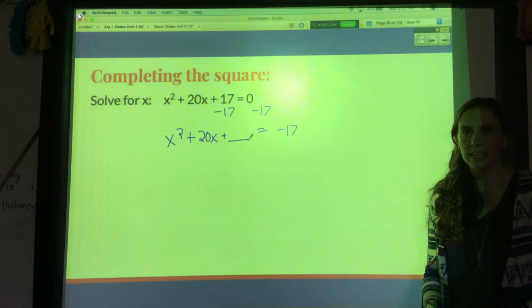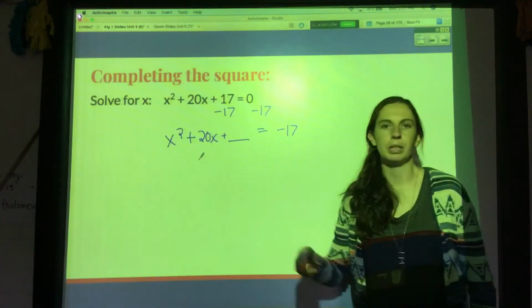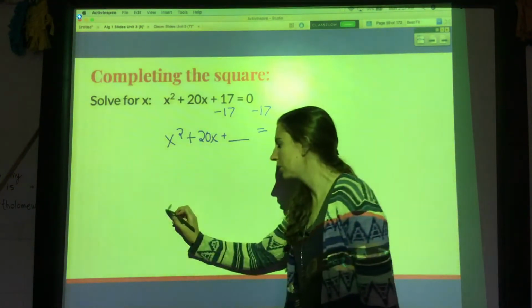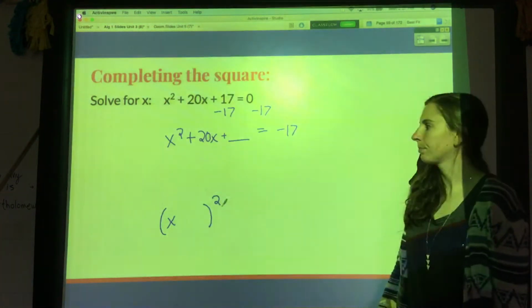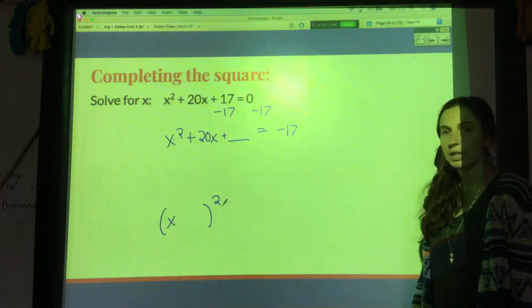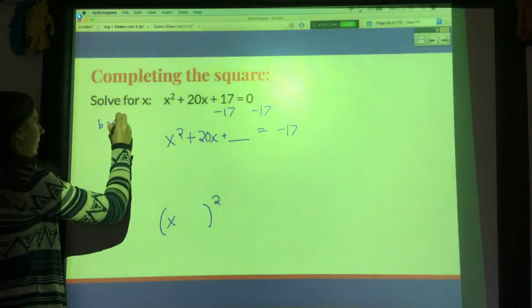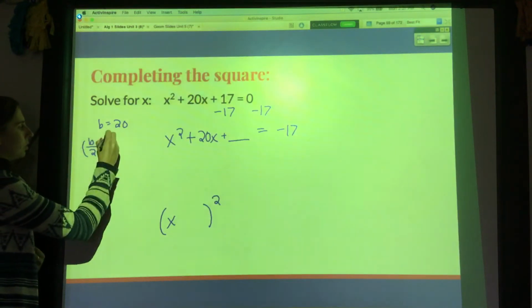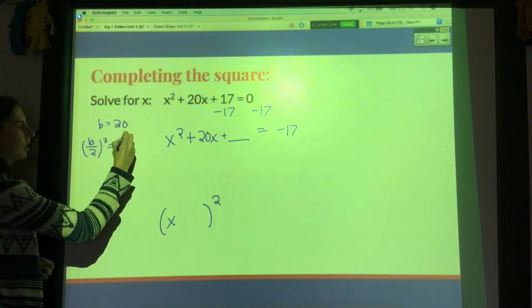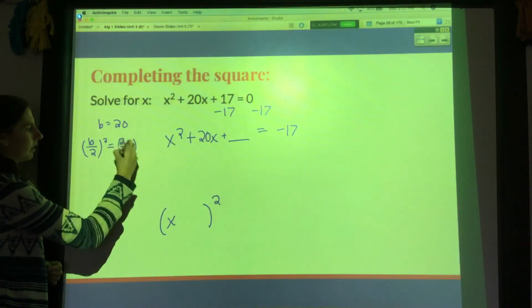Just like we just did, I want that constant to make this a perfect square trinomial. Something that will turn into x plus or minus something squared. The way you do that, remember, is you take the b value, b is 20, and you're going to do b over 2 squared. So in this case, 20 cut in half, which is 10, and then squared.